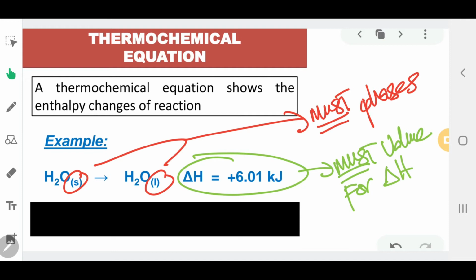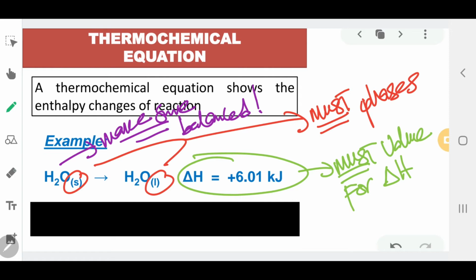And most importantly, always remember to make sure the equation is balanced. You need a balanced chemical equation, the phases must be written down, and you need the delta H information written together with the balanced equation.